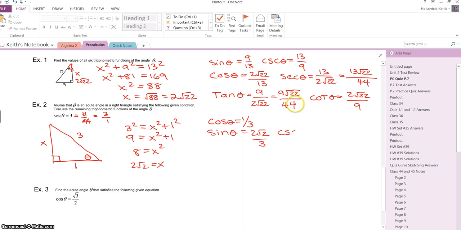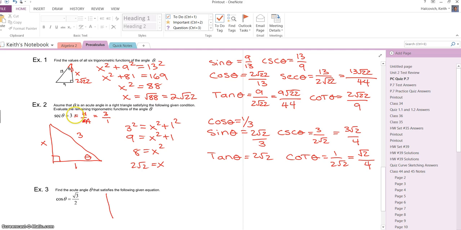That means the cosecant is 3 over 2 rad 2, which remember you have to rationalize, so it becomes 3 rad 2 over 4. The tangent is 2 rad 2 over 1. So the cotangent would be 1 over 2 rad 2, which you rationalize to the square root of 2 over 4.